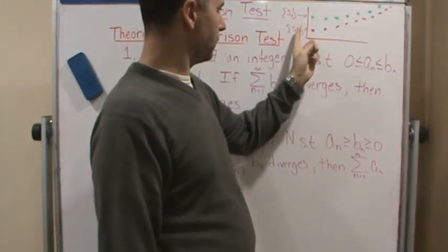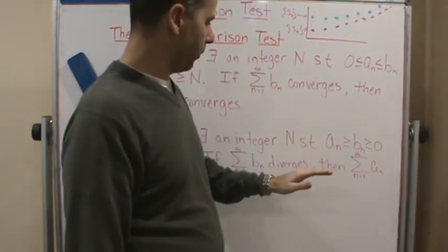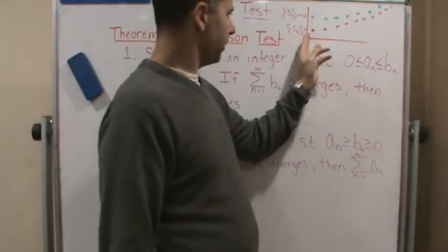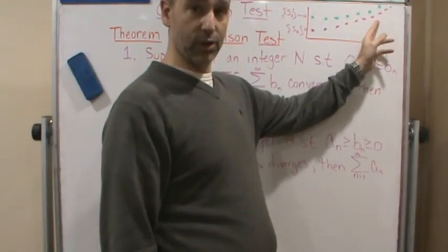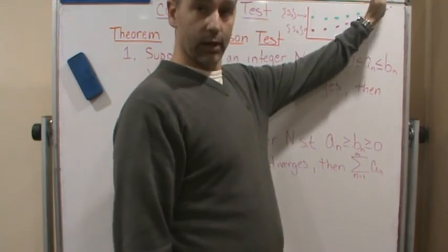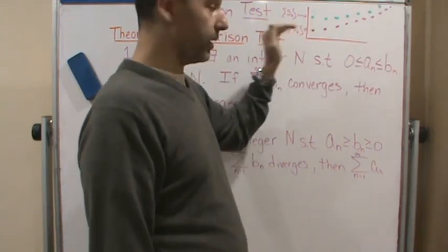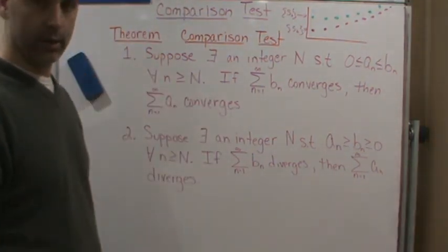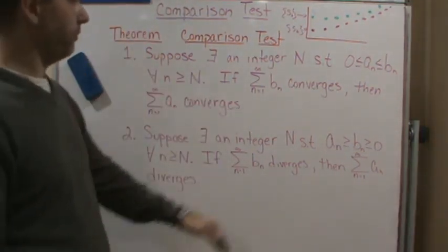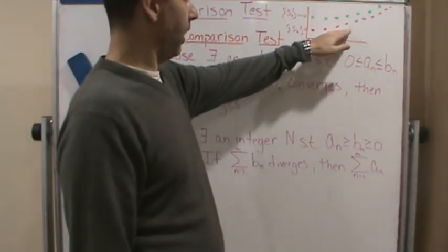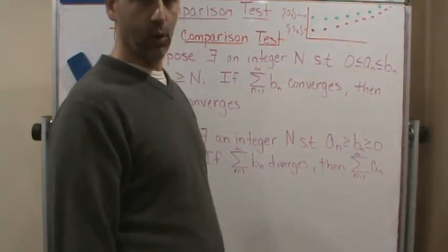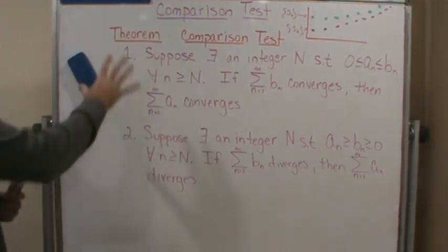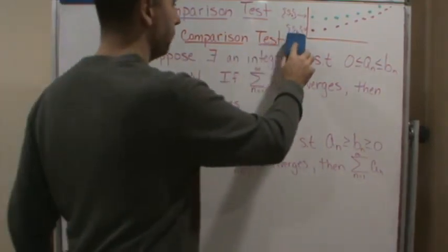So if a sub n is always bigger than b sub n for all n bigger than N, then if the smaller partial sum diverges, that's going to force the other series that's larger to also diverge. If the smaller one is unbounded, that causes the larger one to also become unbounded. Okay, so that's a little visual to help explain and understand where this theorem comes from.